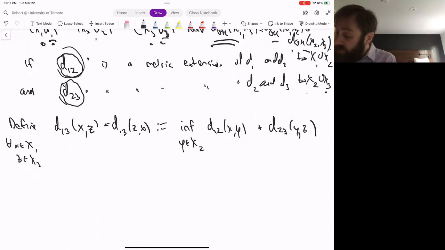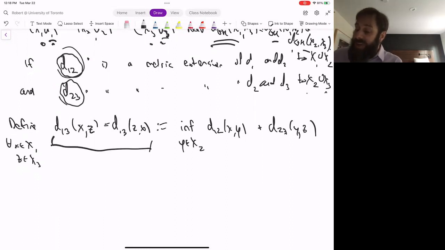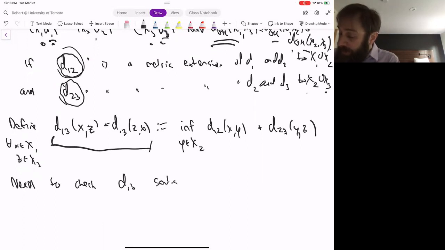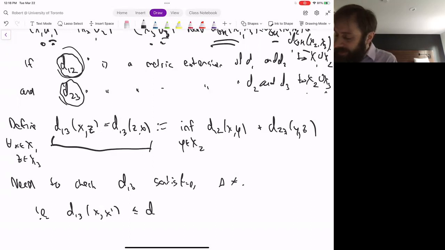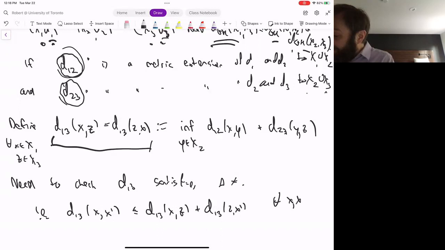And then you need to check the thing that we've defined. There are two things we need to check. We need to check that d13 satisfies the triangle inequality, and there are basically two cases. You need to check that d13 of x x prime is less than d13 of x z plus d13 of z x prime, for all x, x prime in x1 and z in x3.